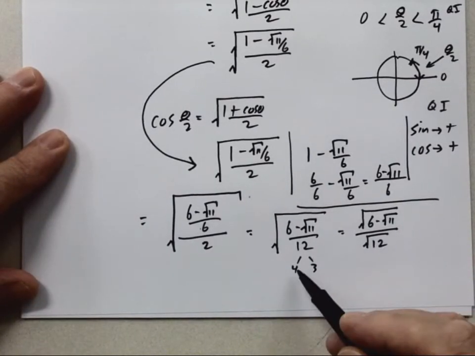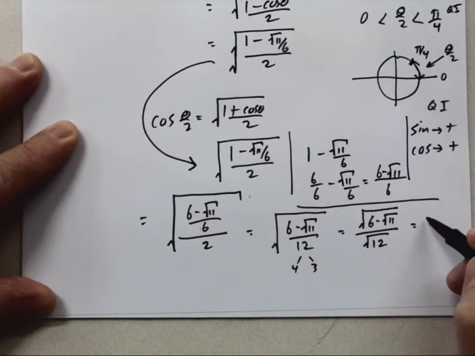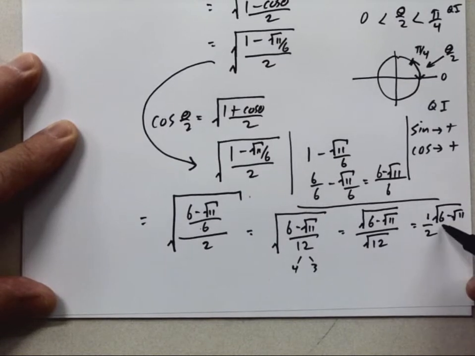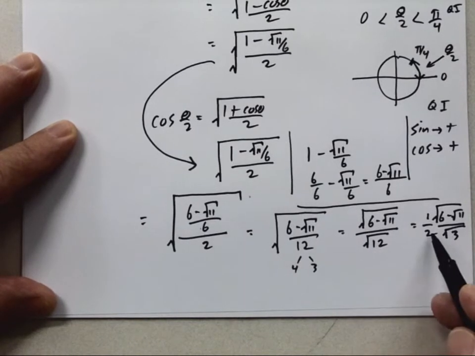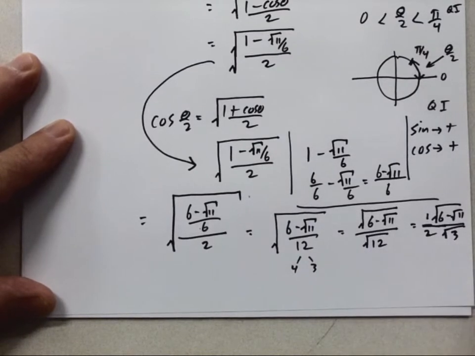Square root of 12 simplifies to square root of 4 times 3. The 4 can come out as a 2, right? So I end up with square root of 12 is 2 times square root of 3. And then this is just in the top here.